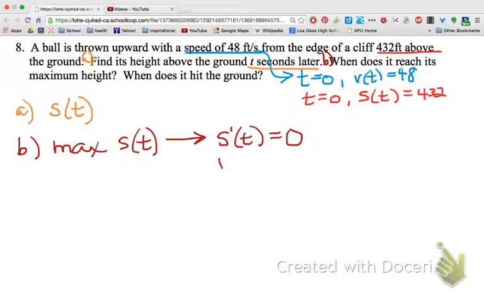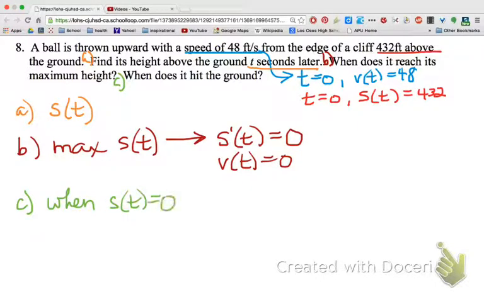In other words, I would get velocity and set equal to 0. Okay, I'll come back to that. So I have a plan with my clue. And then last but not least, when does it hit the ground? And of course it hits the ground when the position is 0.